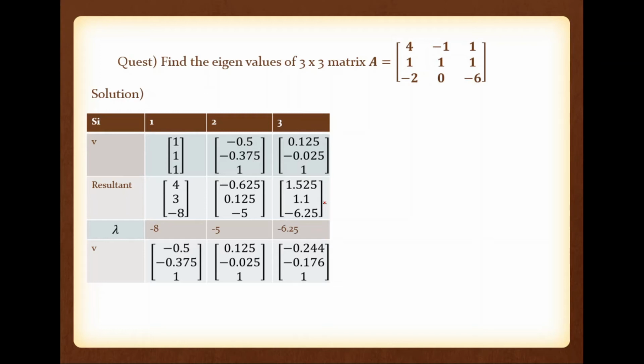The largest value is minus 6.25, which is taken outside. The remaining vector is the new vector: minus 0.244, minus 0.176 and 1.